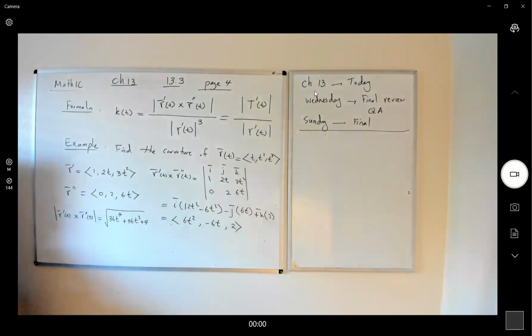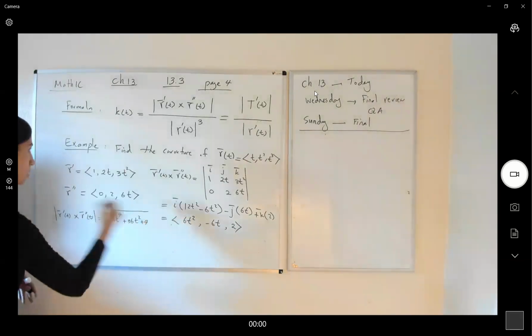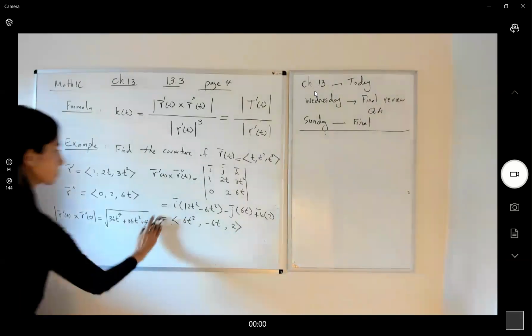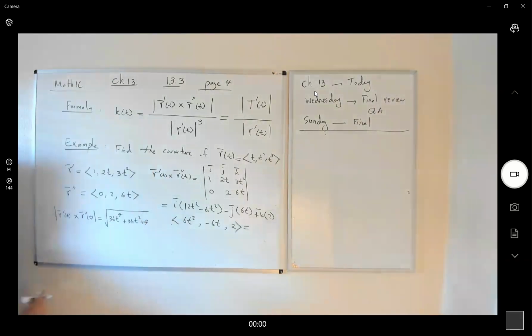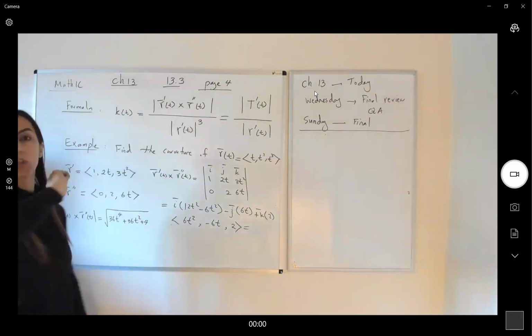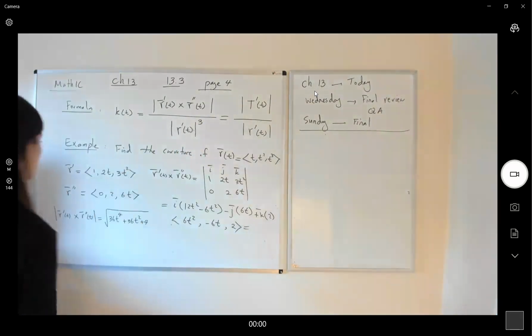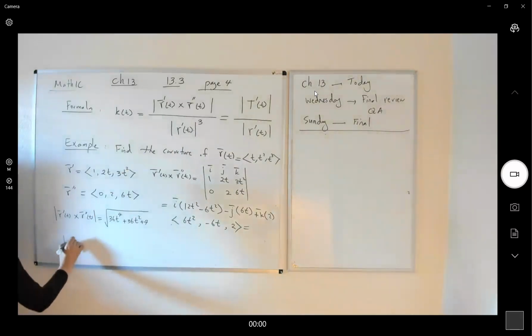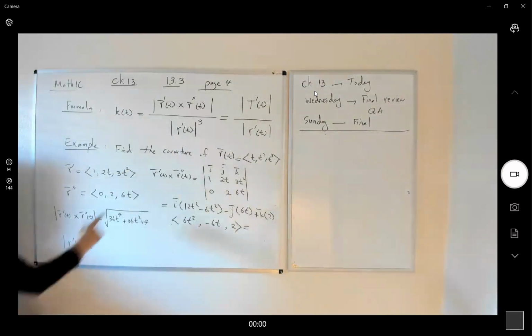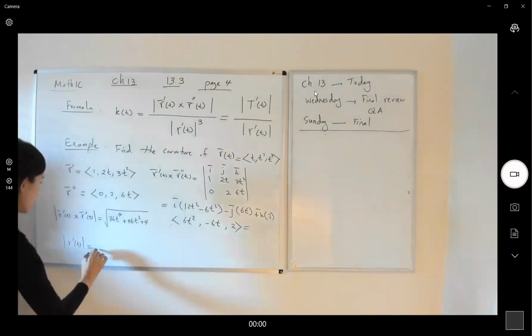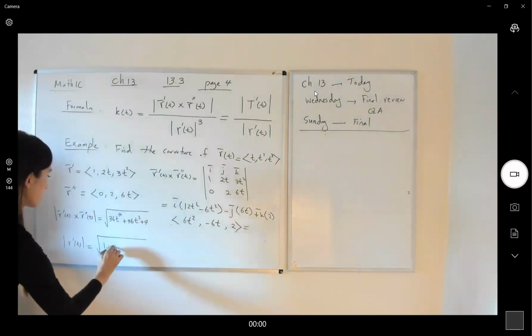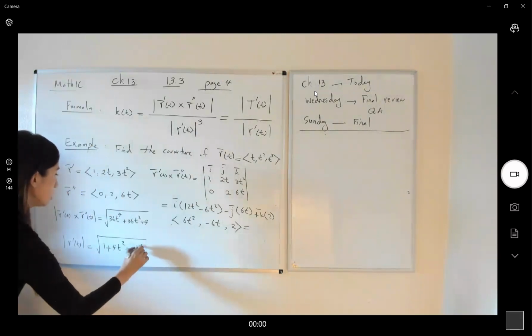Here we can factor out 4, or you can just say this is my radical. Let's leave it as it is. So this goes on your numerator. On your denominator, whatever you have as the derivative, you take its norm or magnitude and raise it to the third power. So the magnitude of the derivative is the square root of 1 plus 4t squared plus 9t to the 4.